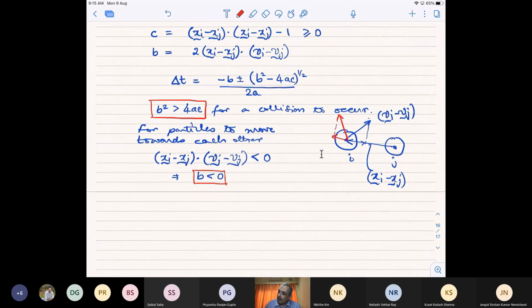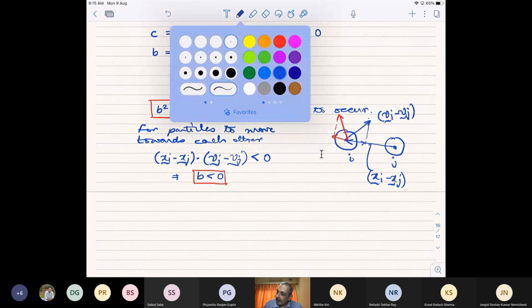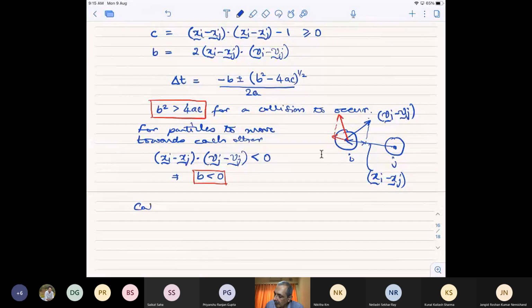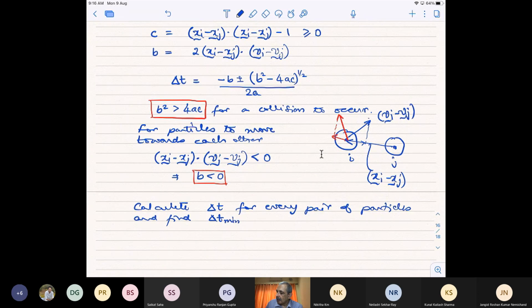And so the way that we do it is we calculate delta t for every pair of particles and find delta t minimum.